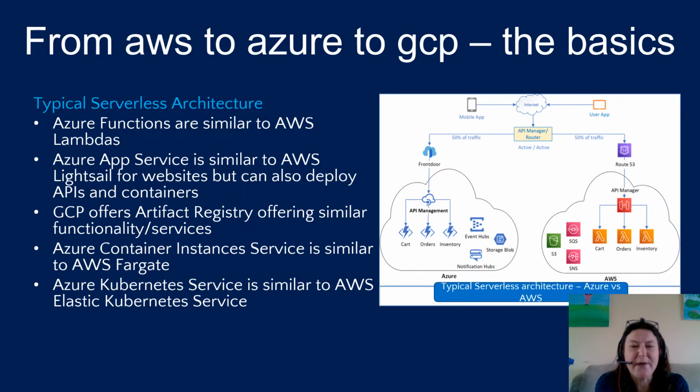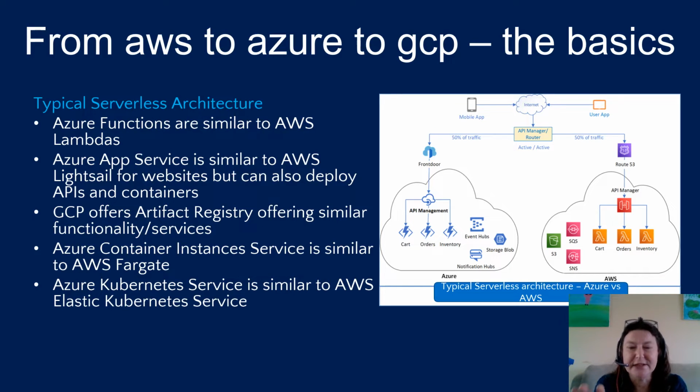We talked about the architecture of a typical infrastructure currently. Now we're talking about a serverless architecture. So this is where the actual servers are managed by the cloud provider, either AWS or Azure. So typically in a serverless architecture, you're going to be using Azure Functions in Azure, and you're going to use Lambdas in AWS.